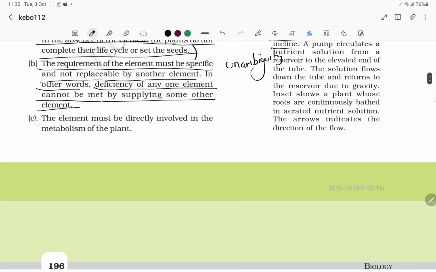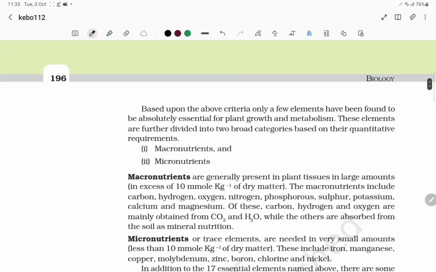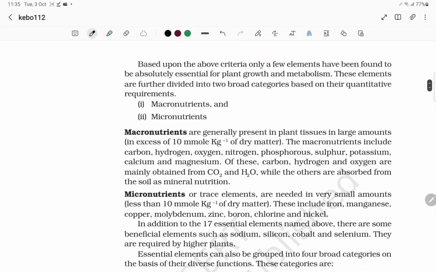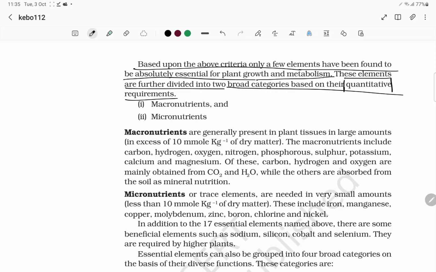None of the other elements can replace the role of this. The element must be directly involved in the metabolism of the plant. So, based on the above criteria, only a few elements have been found absolutely essential for plant growth and metabolism. These elements are further divided into two broad categories based on quantitative requirement, macronutrients and micronutrients.